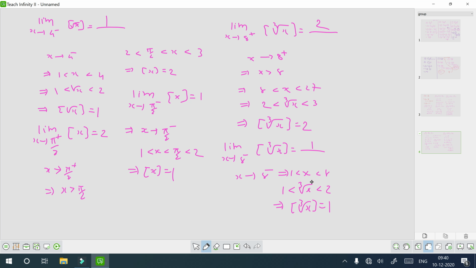So the answer is 1. In the next form, let us see, limit x tends to minus 8 plus, integer part of cube root of x is equal to what? x tends to minus 8 plus, x greater than minus 8. So minus 8 less than x. Here cube root of x, here minus 2, yes or no?